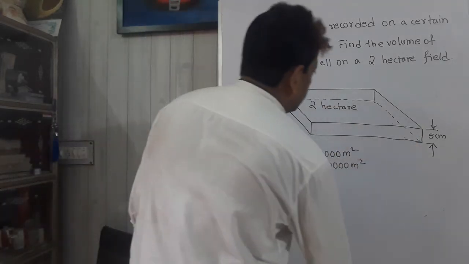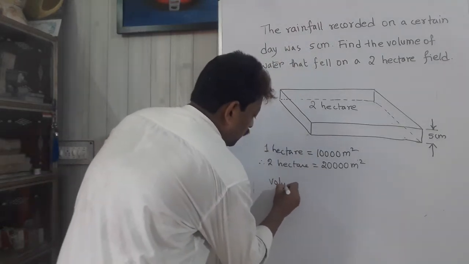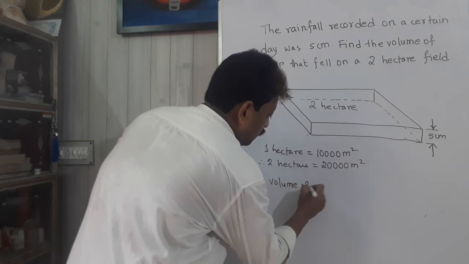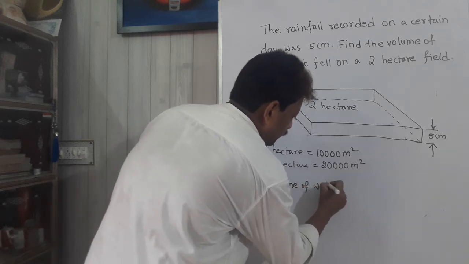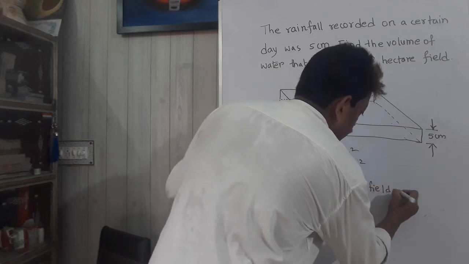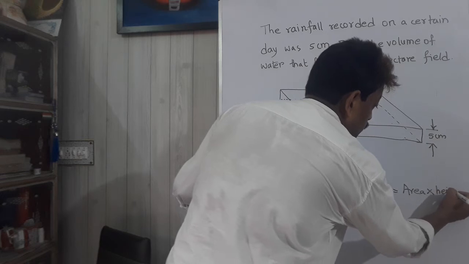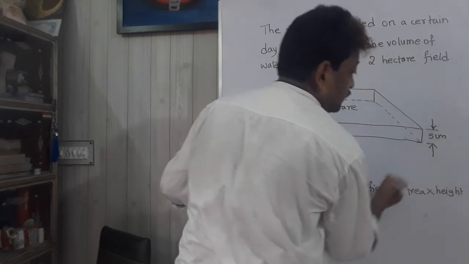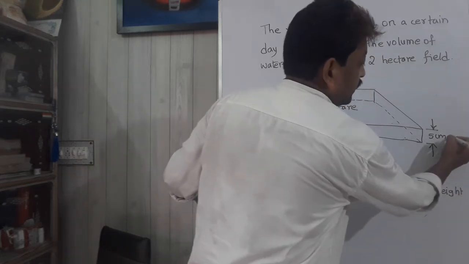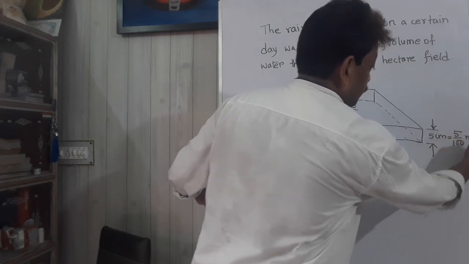So how to calculate the volume of water? It is very easy. Volume of water in the field equals area into height. Now height is given in centimeter, so to be converted into meter, it is 5 by 100 meter.